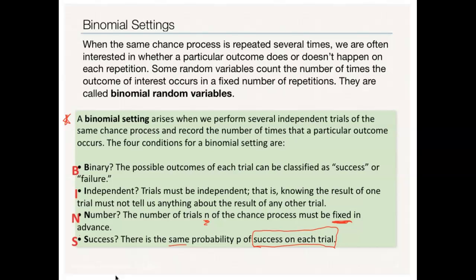That's tied to the independent one. Knowing that one trial was a success doesn't change the probability that another trial will be a success. The acronym we use to remember this is BINS: binary, independent, number, and success.